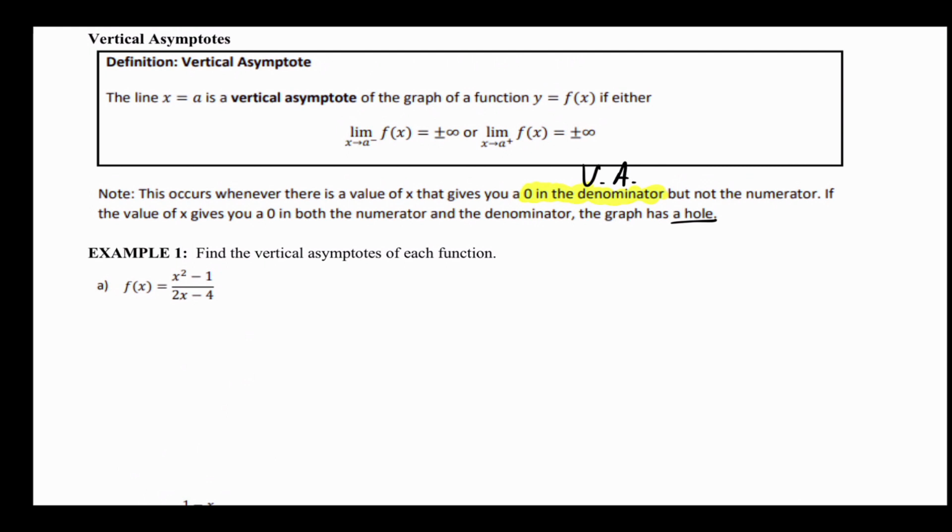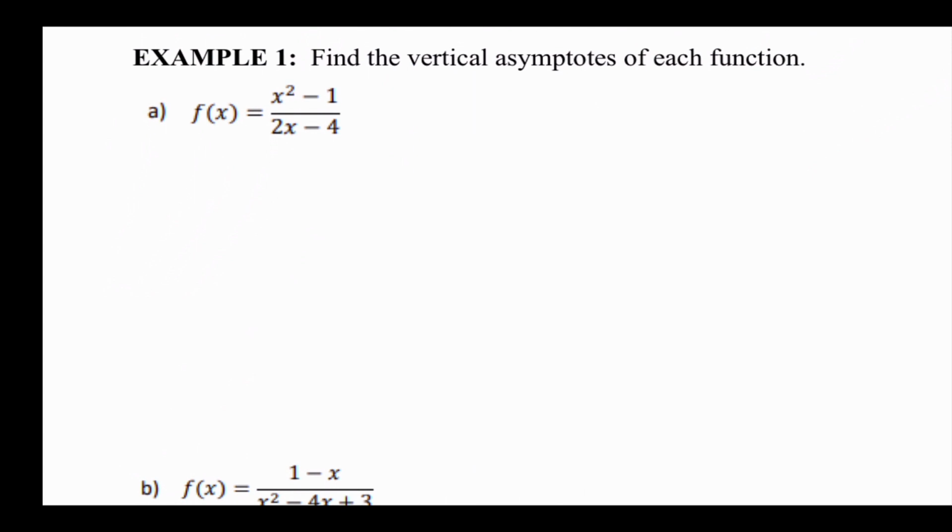So we have numerator, denominator. Example 1a. We have to find the vertical asymptote, if there is one. Normally what we would do is look at the bottom and say, hey, when is that going to be equal to 0? But before we do that, we have to see if it can be factored, right? The top is a binomial, the bottom is a binomial.